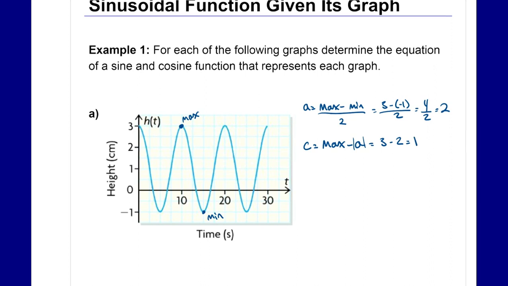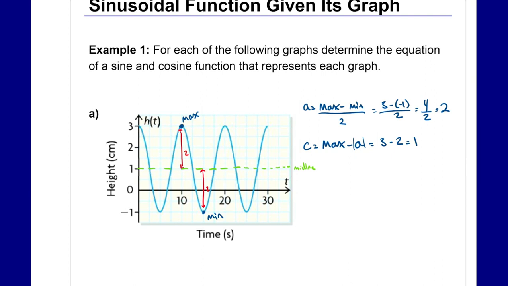Which does make sense, because if my amplitude is 2, then that's going to bring me to my midline, which is my C value. So I have my A value, I have my C value.